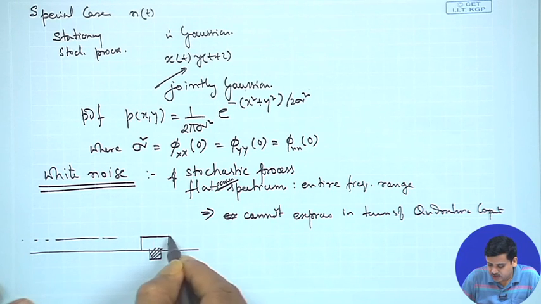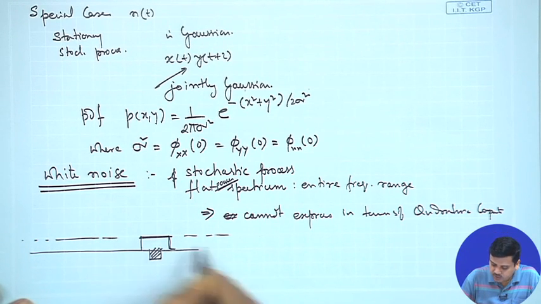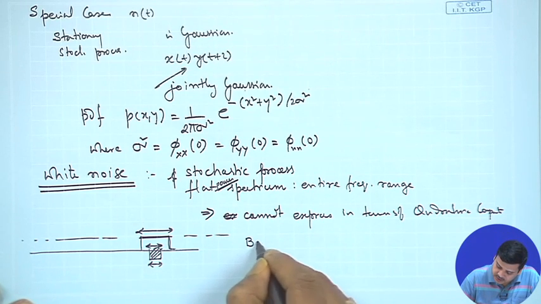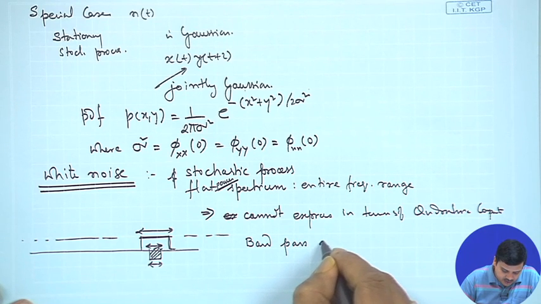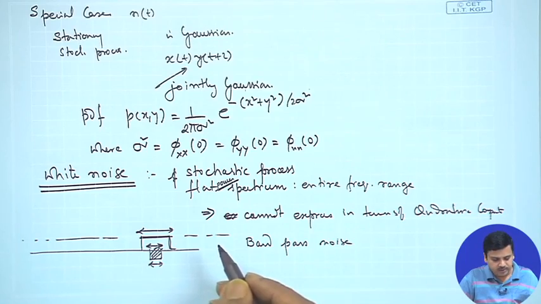Originally noise was across this whole thing, but now say it passes through a band pass filter, where the width of the filter is much wider than the width of the signal. In that case we have white noise over the band of the signal, right. So, in that case we can treat the noise as band pass noise, right. That means the noise which has passed through a particular bandwidth.